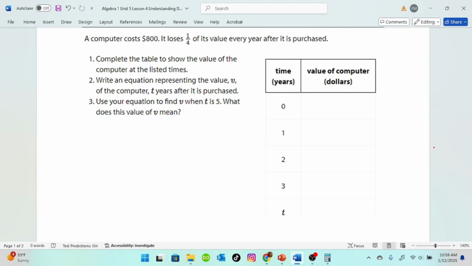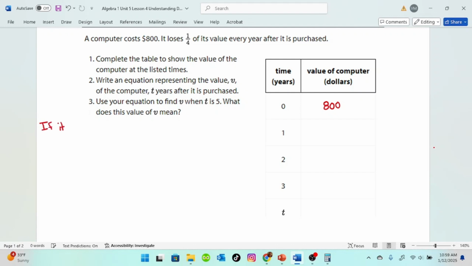So, when we start out, the time in years, 0, means when it is bought. So that would be the $800 starting price. Now, what we need to notice is that it loses 1/4 of its value.